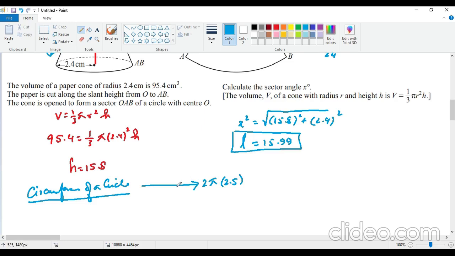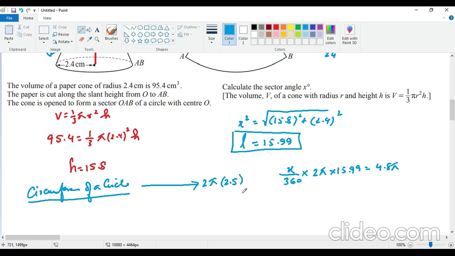Now comes the tricky part. You know very well, when part of a circle is there, it's going to be x over 360, because we don't know how much is that angle, and then multiply by 2 pi r. 2 pi r is how much? 15.99 is equal to 4.8 pi.